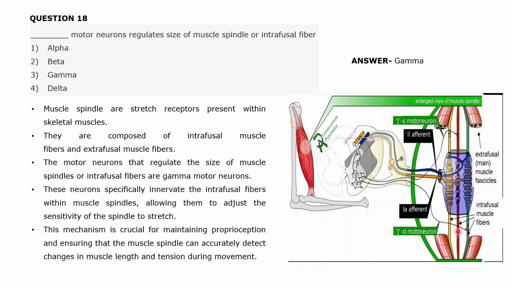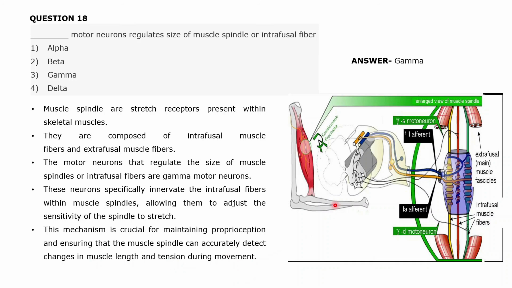So these motor neurons are involved in this particular signal type, and this mechanism is crucial for maintaining proprioception and ensuring that the muscle spindle can accurately detect changes in muscle length and tension during movement.